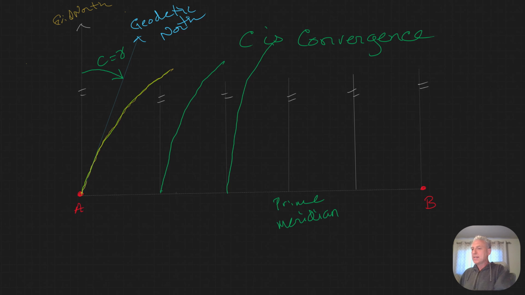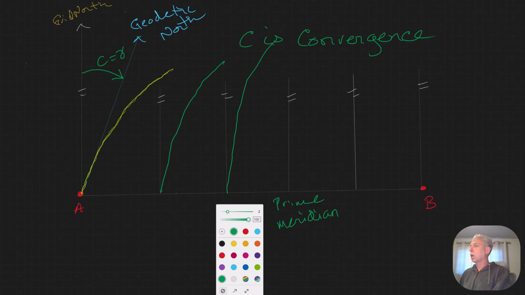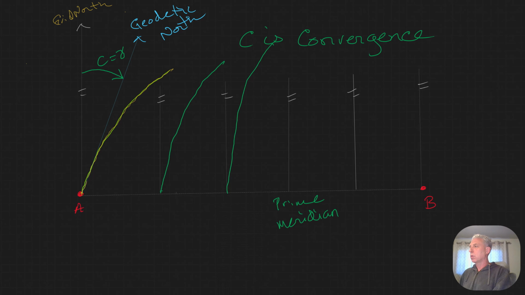What that means is this is where our grid north equals geodetic north. So that red line is grid north equals geodetic north.